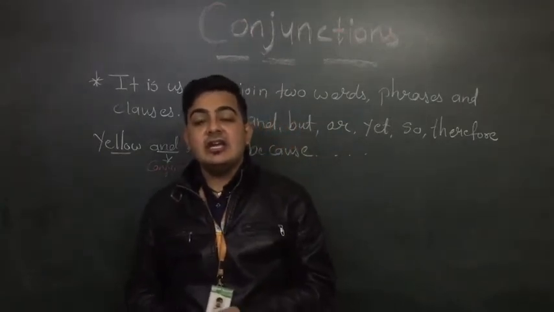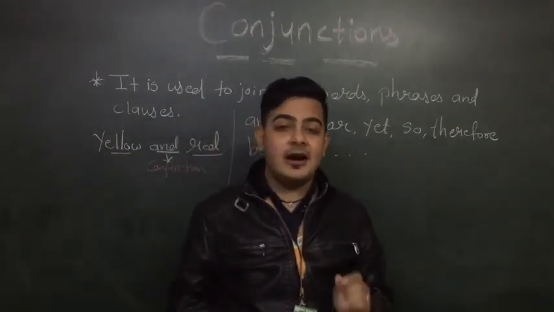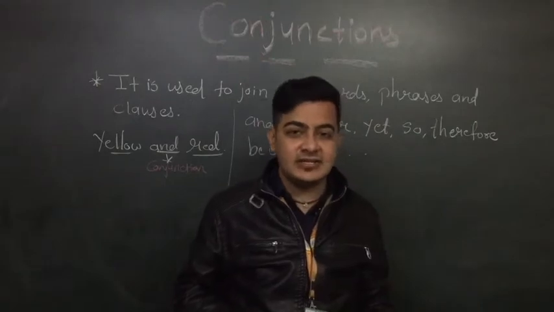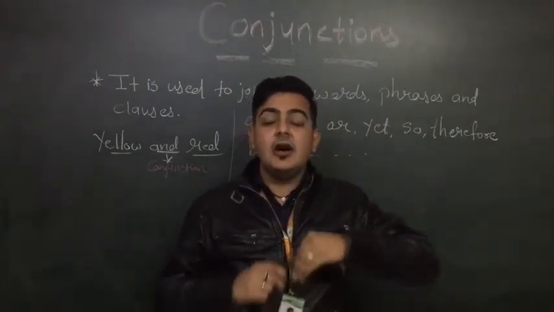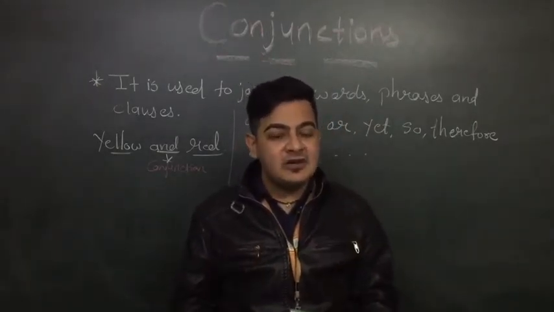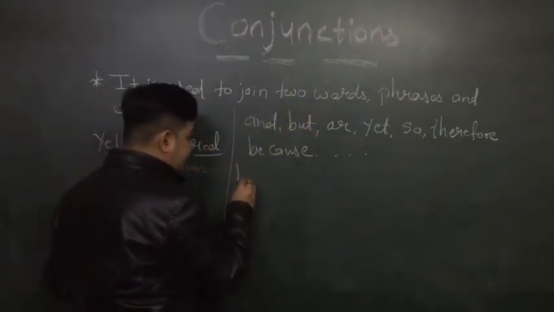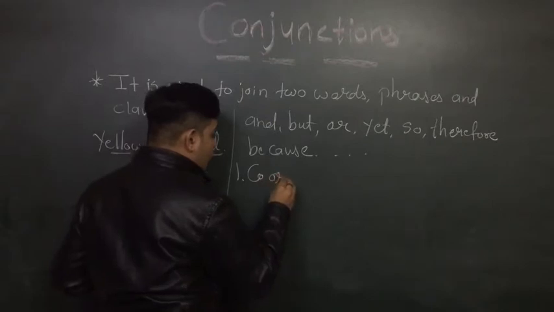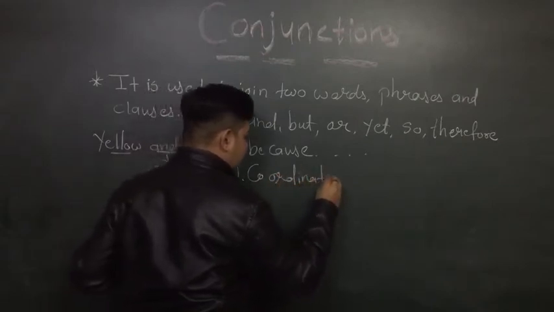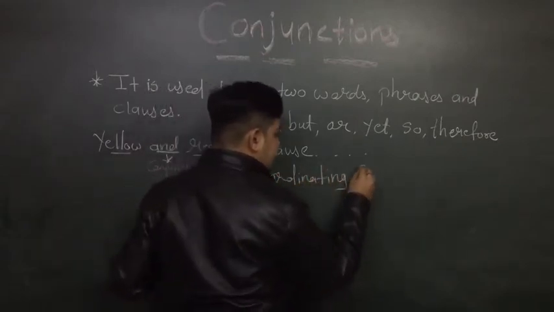And students, you might have not heard about the types of conjunctions. In our today's lecture, we will learn about the types of conjunctions, students. So the first conjunction is coordinating conjunctions.